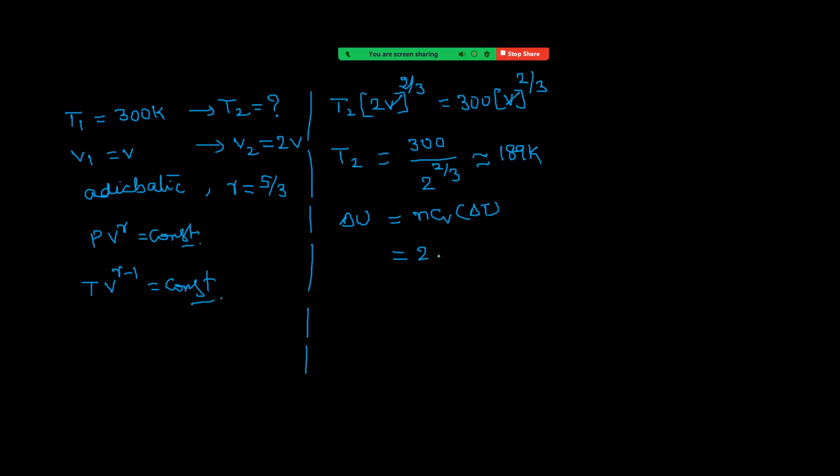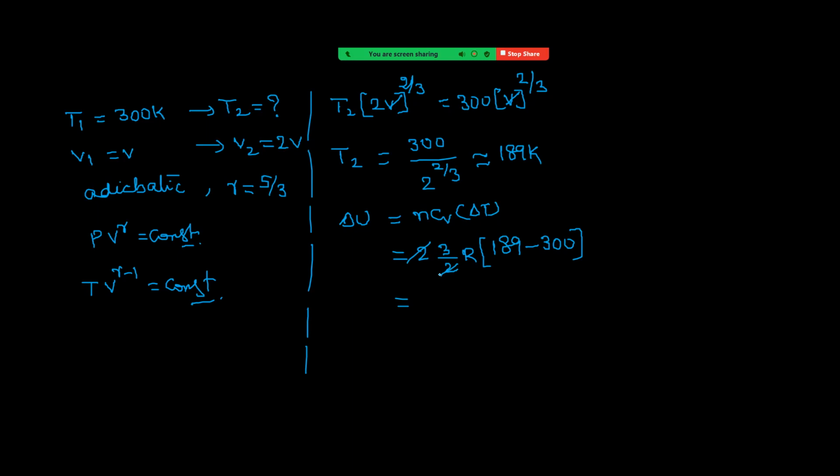So n value is 2. Since it is now mono, Cv value is 3 by 2 R, times delta T. Delta T means final value 189 minus initial value 300.